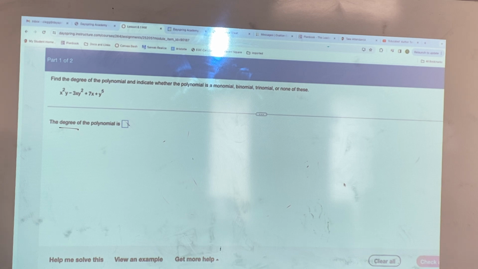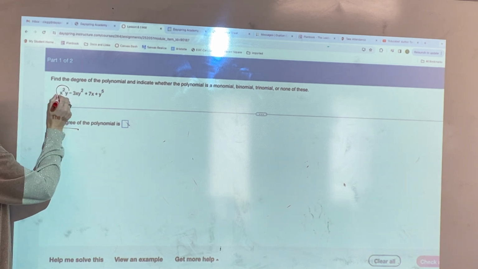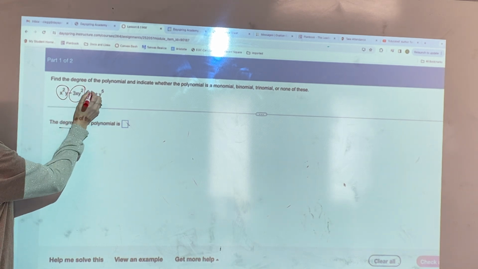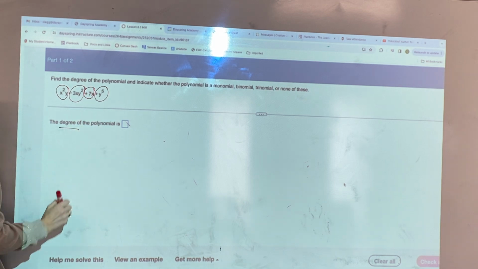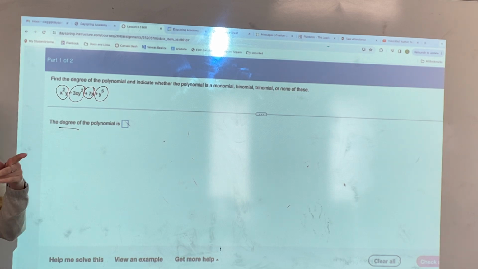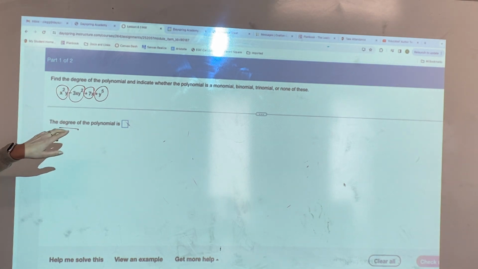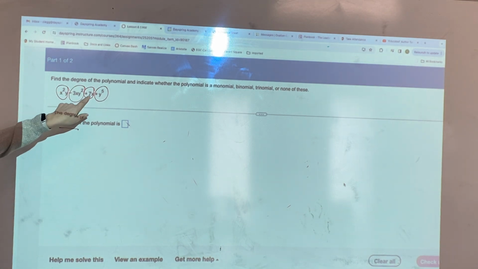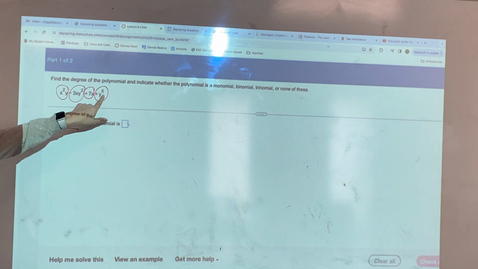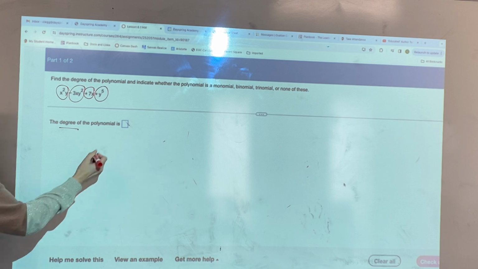There are how many terms here? 1, 2, 3, 4 terms. How do I know which term to use to find the degree? The biggest sum of the exponents. So let's see. That would be 3. That would be 3. That would be 1. And that's 5. So what's the degree? 5.